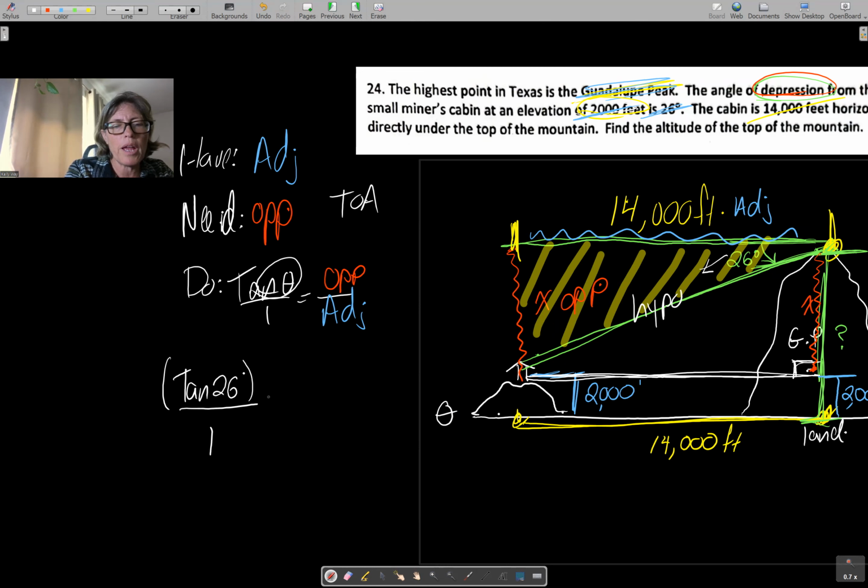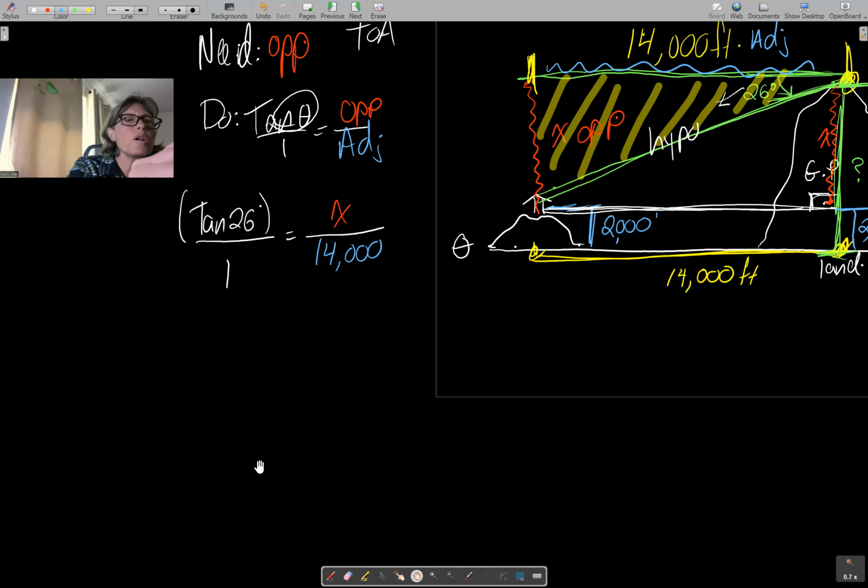Keep parentheses around that, equals our opposite, which is x, over our adjacent, which is 1,400. Cross multiply. And whatever x is, it's going to equal the tan of 26 times that 1,400.